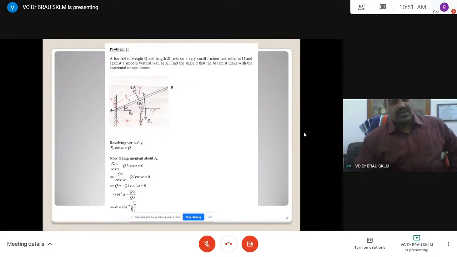Okay. Now RD. For this is the perpendicular, for this it is a perpendicular. If it is alpha, it is also alpha.